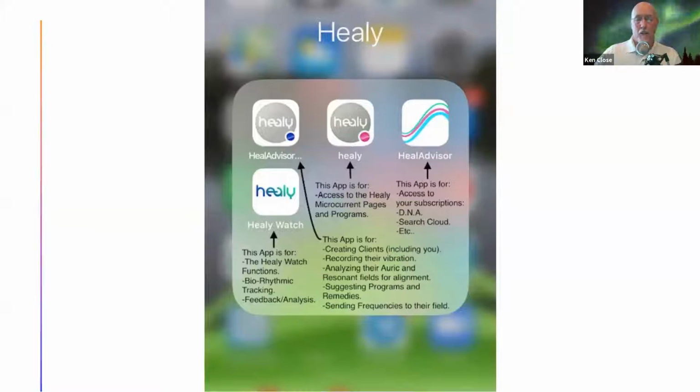This kind of talks about what they are all about, what they do. Primarily today, if you notice the words Healy Advisor underneath that Healy blue dot, that's the one we're working with today. That's going to be your visual icon, your visual aid when you're looking for things.